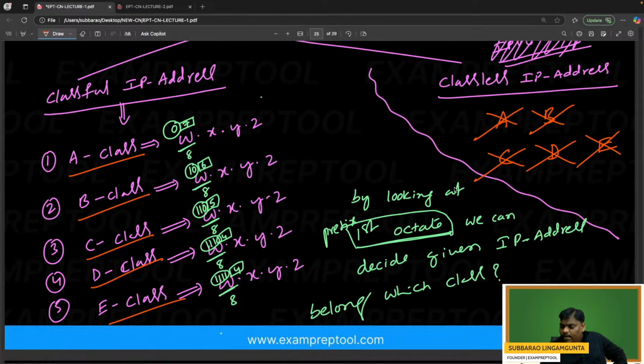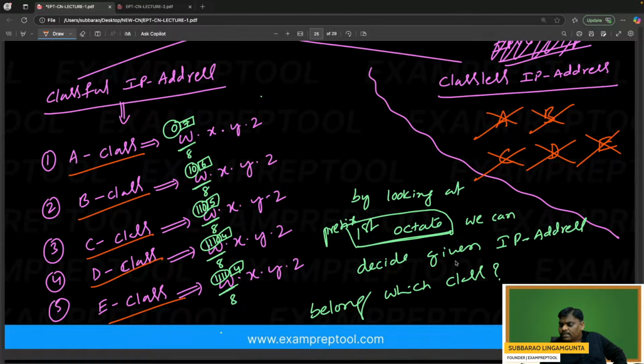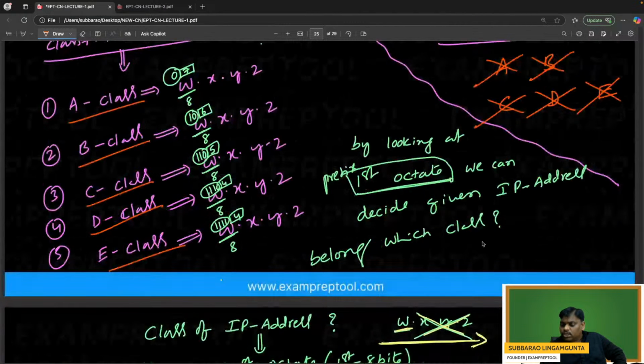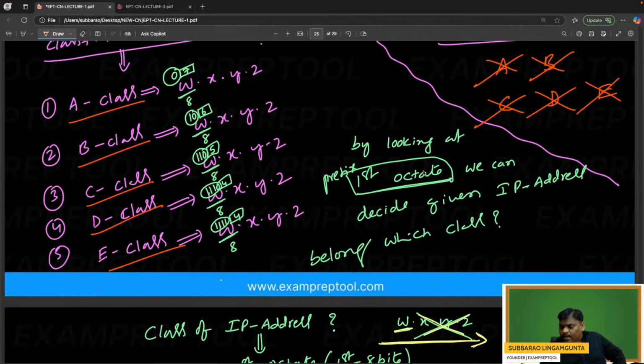By looking at the first octet, we can decide which class the given IP address belongs to. By seeing the prefix, by seeing the W, the first octet, I can say which class this IP belongs to.